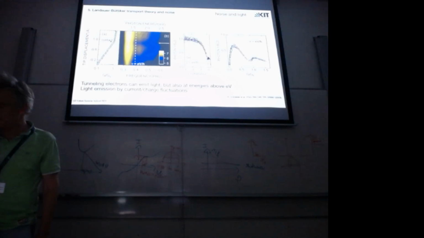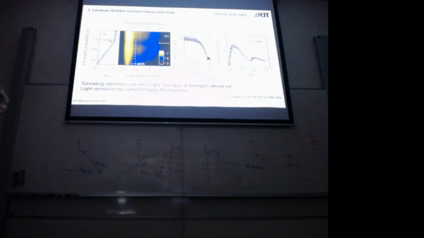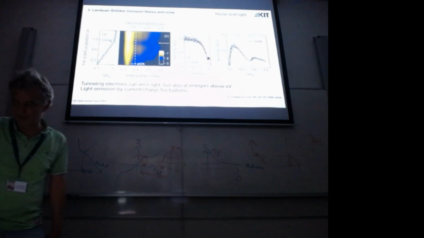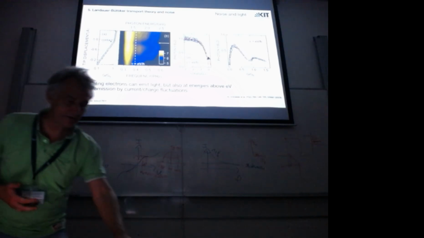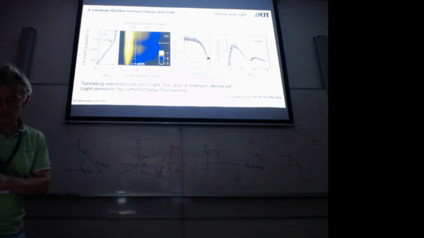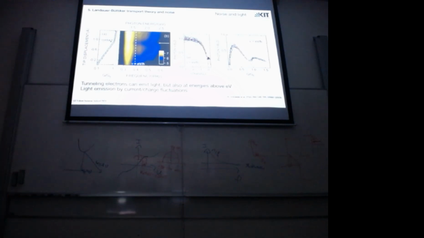It's a time derivative of a current. It's a discrete current. It makes a spike in the electric field, and this electric field variation, because the tunneling current was there, changes the voltage in the tunneling junction for a short moment. And it's a dipole antenna, so you can also emit photons.